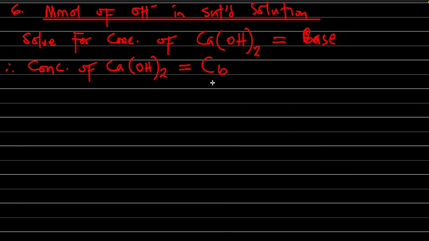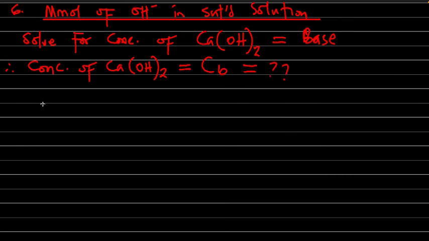You're asked to solve for the molarity of the OH. But you know that they did not give us OH in the equation. What they gave to us was calcium hydroxide, CaOH. So if I'm able to get CaOH, through the mole ratio, I'll be able to get OH. Do you understand? So we say concentration of CaOH is equal to Cb, that's the concentration of the base. Now, this is what I'm asked to find.